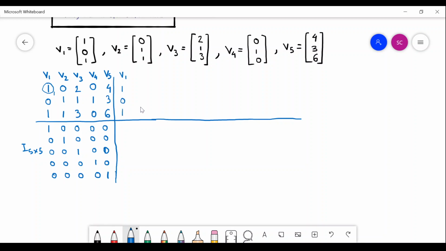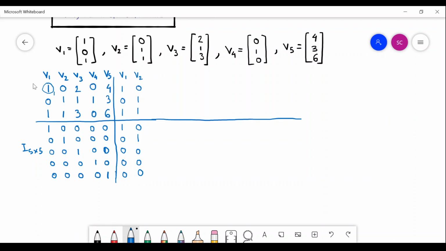We don't change v1, and similarly, the column below v1 also remains the same. Now v2 also remains as it is, because we don't add v1 to it, it is already 0. This column also remains as it is, because nothing happened to the second entire column.